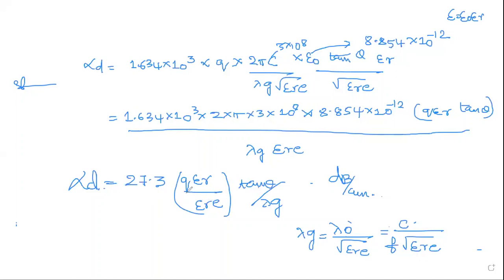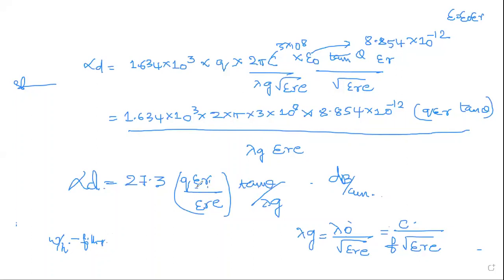And you can see Q is a function of epsilon r and W by H, which is also called the filling factor, that is Q of loss tangent, that is Q epsilon r by epsilon re. Q is a function of epsilon r and epsilon re.